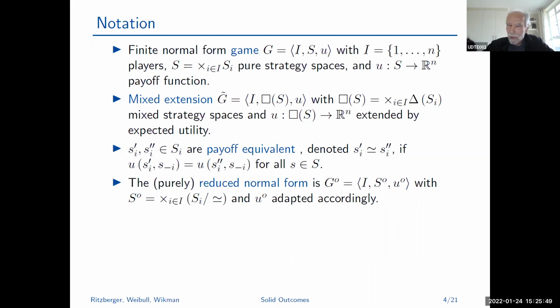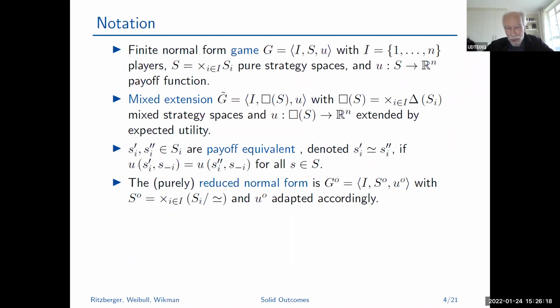This is the traditional notion of how you define the equivalence, and that's a little bit stronger than what we actually need. What we actually need is Kuhn's original strategic stability notion, that two strategies of the same player are strategically equivalent if they lead to the same outcome for all strategy combinations among the opponents.